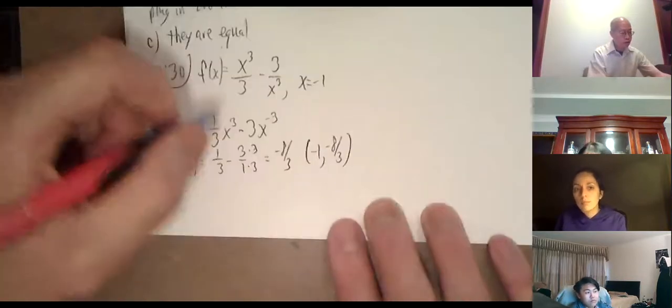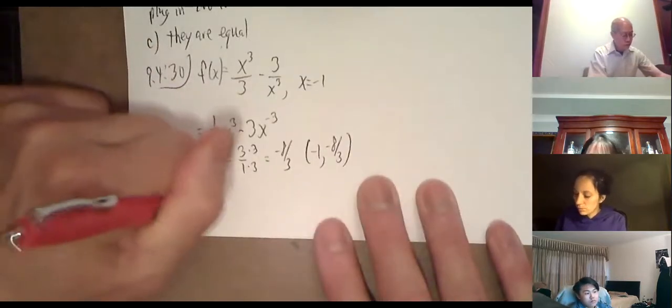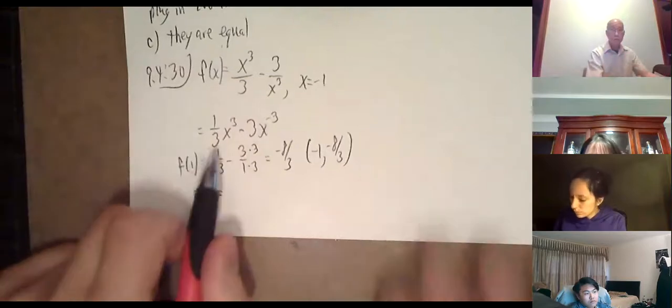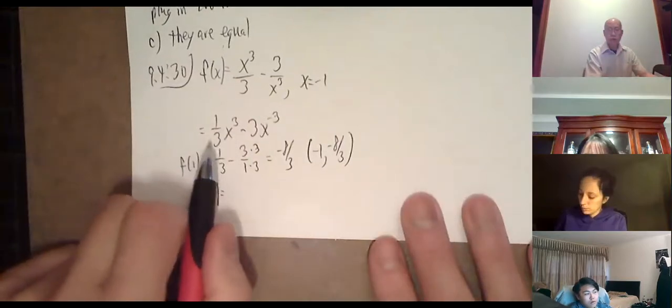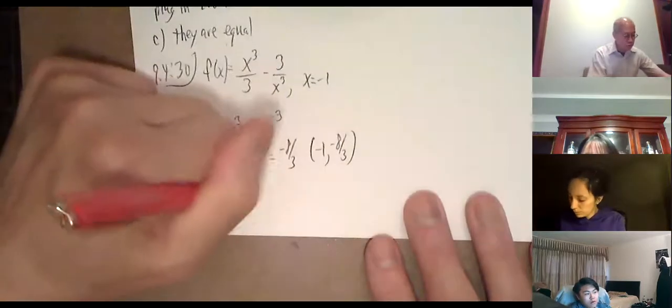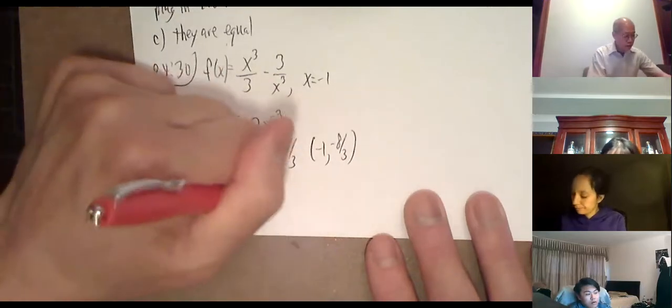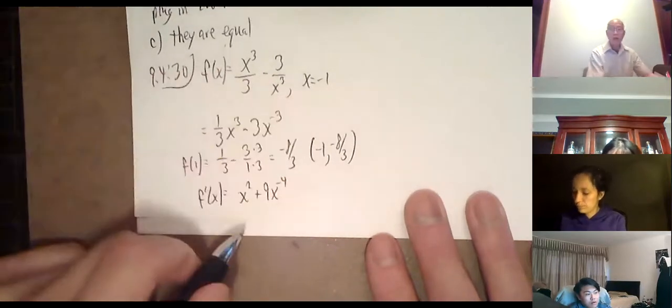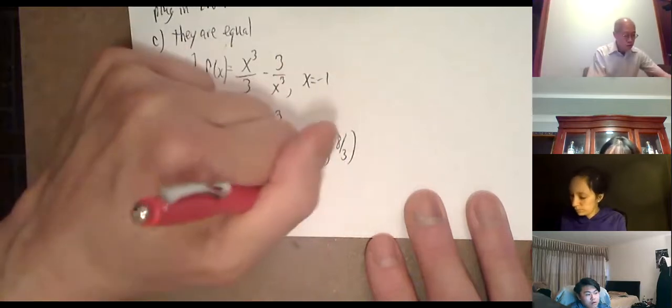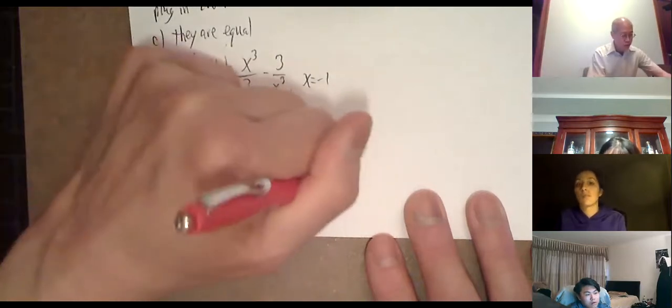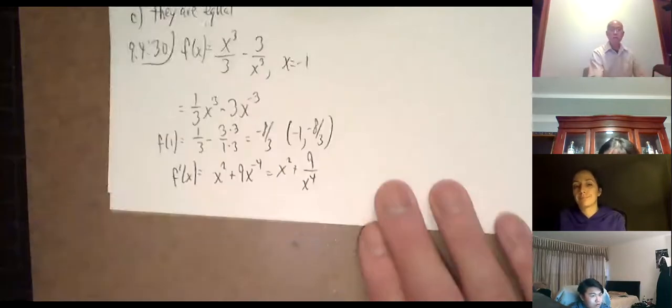Now I find the derivative. Three times 1/3 is 1. So I have 1x squared. -3 times -3 is +9. X to the -4th, which is x squared plus 9 over x to the 4th.